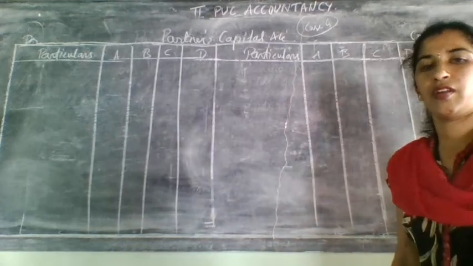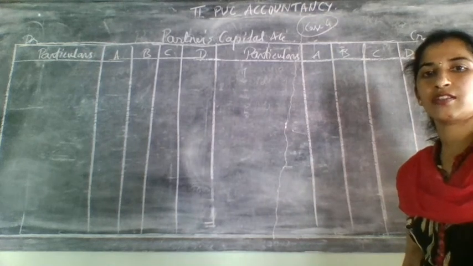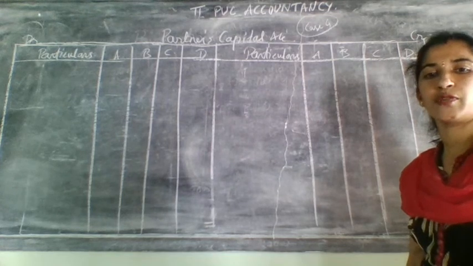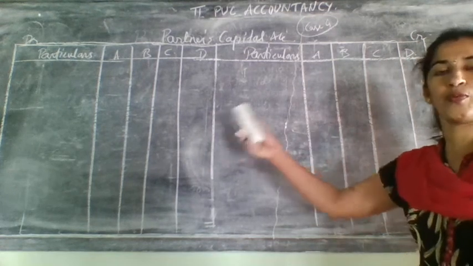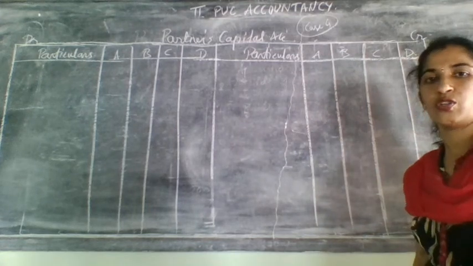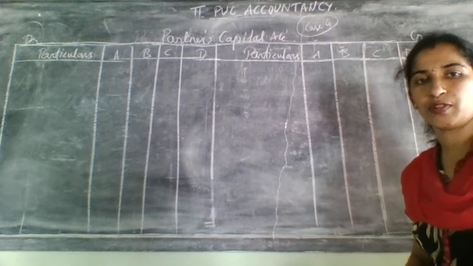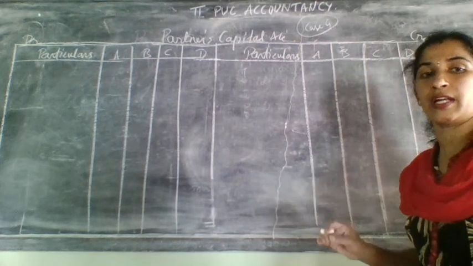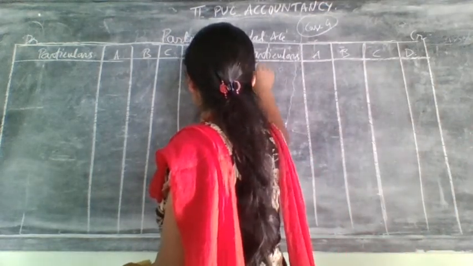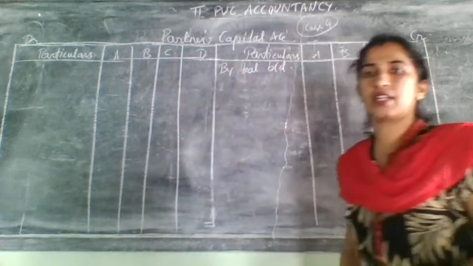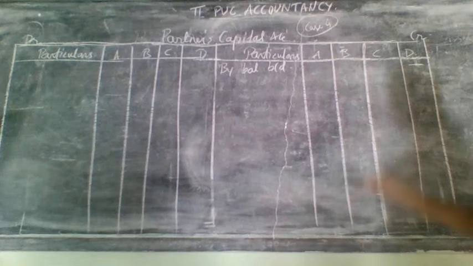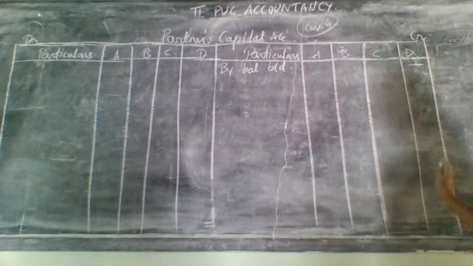Next step is partners' capital account. Here there are how many partners? 4 partners. That's why you need to put 4 partners' capital accounts on both sides of the account. So partners' capital account always starts with which balance? Credit balance. So the first entry will be by balance brought down, and the new partner will not have that entry till the end.